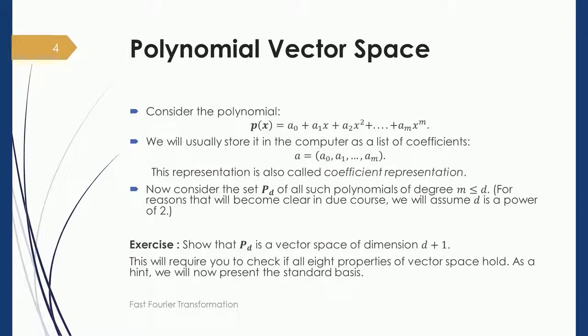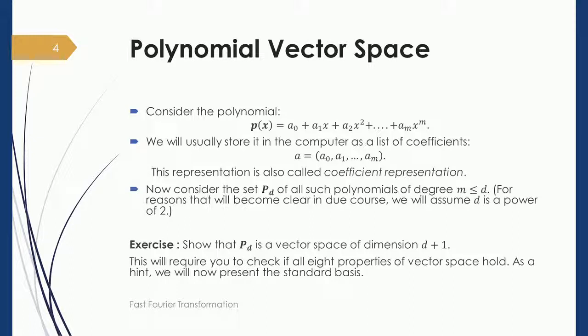Now, a good exercise for you is to verify that indeed this set of all polynomials forms a vector space, and you will need to check that the 8 properties of vector spaces that we discussed in our linear algebra lecture hold in this context.